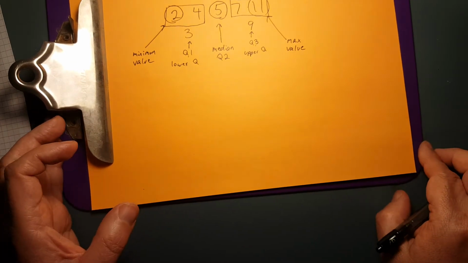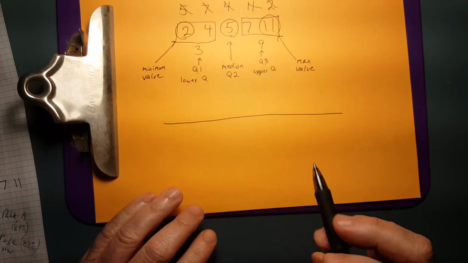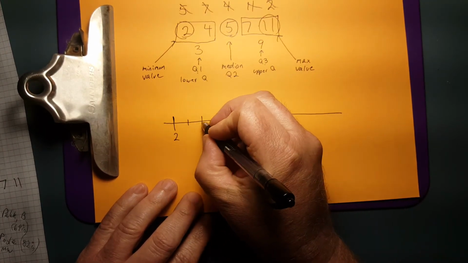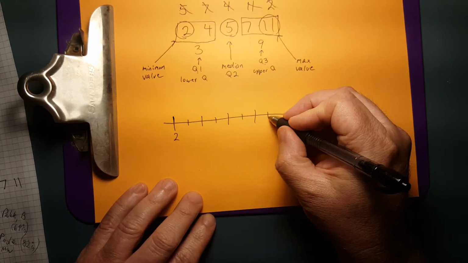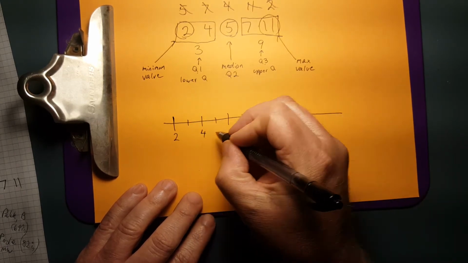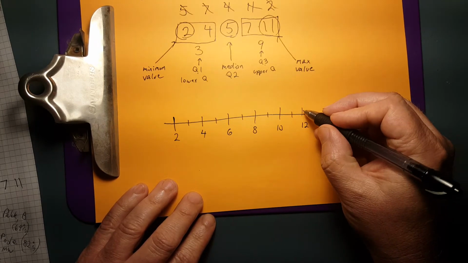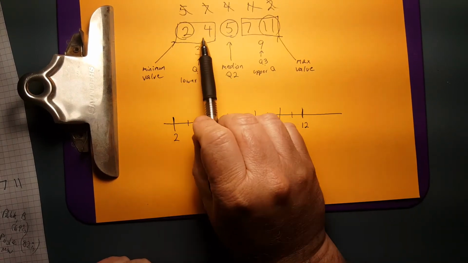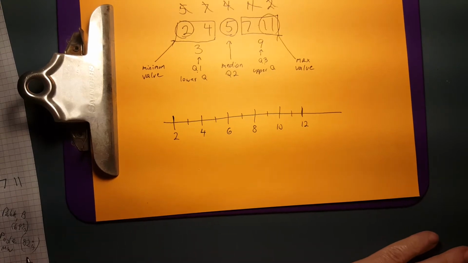Okay? So here we go with our box and whisker plot. We know that we've got to go from 2 to 11. So I'm going to put 2, 3, 4, 5, 6, 7, 8, 9, 10, 11. All right, when you make your box and whisker plot, you go ahead and you put points for these 5 numbers above the number line.